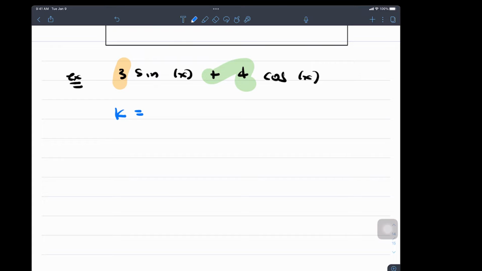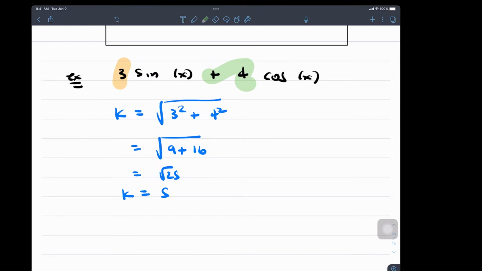K is going to equal the square root of 3 squared plus 4 squared. Square root of 9 plus 16. What's 9 plus 16? So this will be what, 5, okay? K is 5.